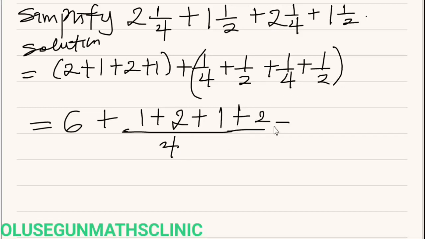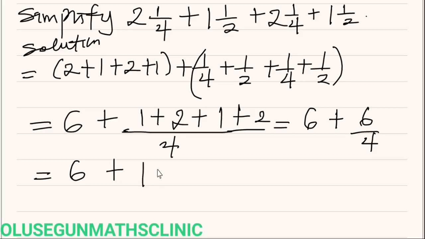So therefore, it will give us 6 whole number plus. So everything will be 6 over 4. Recall that 6 over 4, 4 can go in 6 one time. It will remain 2, so it will be 6 plus 1 whole number 2 over 4.